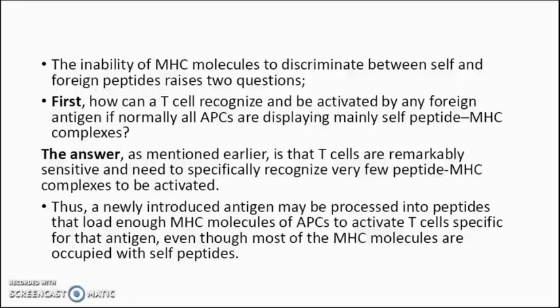The inability of MHC molecules to discriminate between self and foreign peptides raises two questions. First, how can a T cell recognize and be activated by a foreign antigen if normally all antigen-presenting cells display mainly self-peptide MHC complexes? The answer, as mentioned earlier, is that T cells are remarkably sensitive and need to specifically recognize very few peptide MHC complexes to be activated.